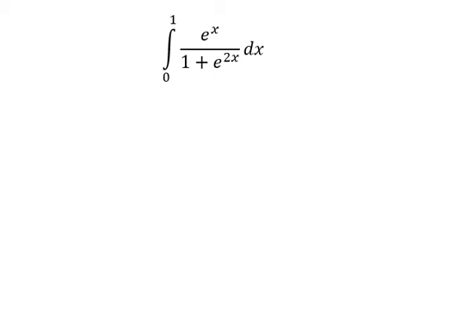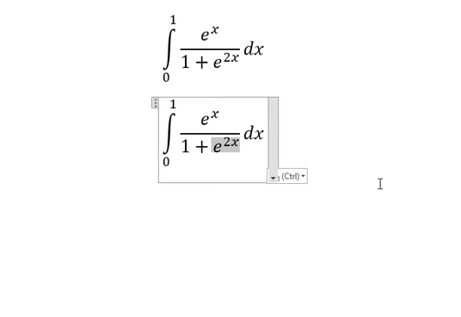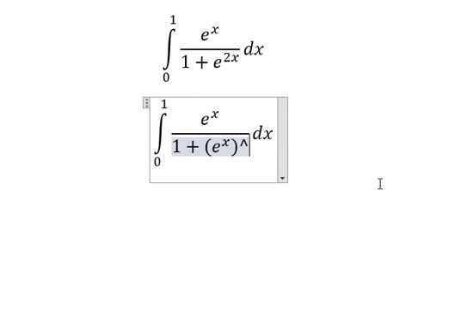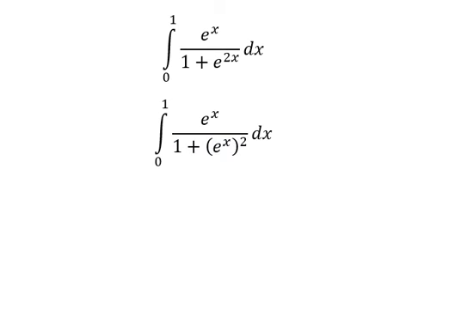The topic today is about integration. Now I want to show you how to answer this one. I can put it as e to the power of s, everything to the power of 2.